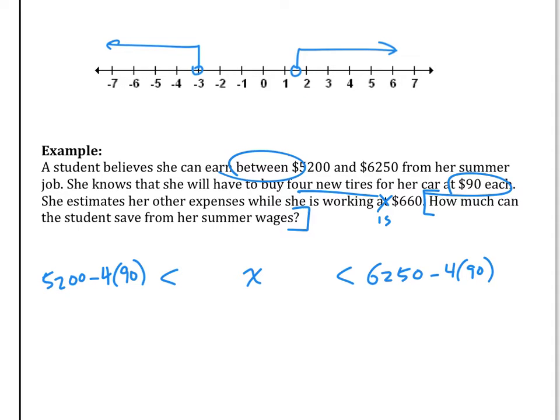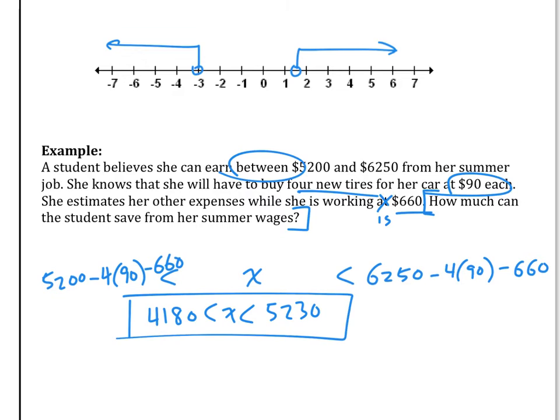And then while she's working, she has to pay, I don't know, food or rent or something like that. And that costs $660. So again, she's going to spend $660. And then whatever she has left over, so do a really quick calculation, we get 4180 less than x less than 5230. So she's going to save between those two. Okay?